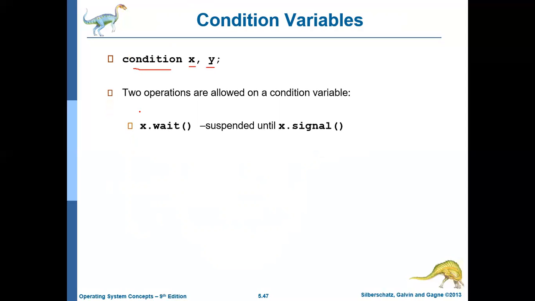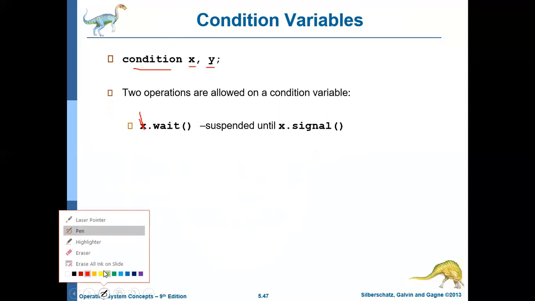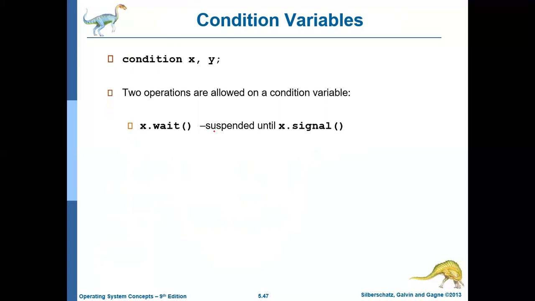If the programmer calls wait, what will happen? If a process calls x dot wait, say the process Pi calls x dot wait, it means Pi is using the shared variable x.